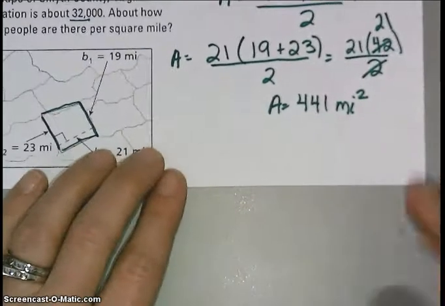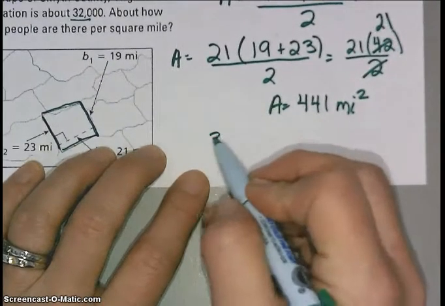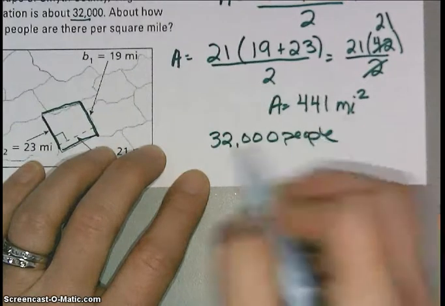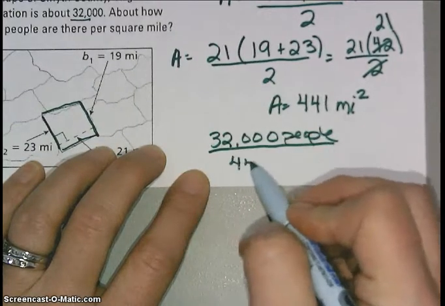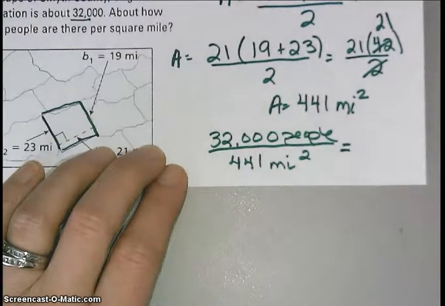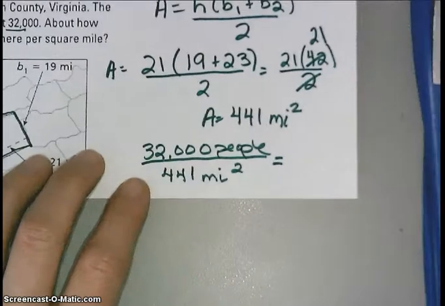Now, once again, it asks us how many people are there, so I need to do that same per square mile. 32,000 people per 441 miles squared will tell me how many people there are per 1 mile.